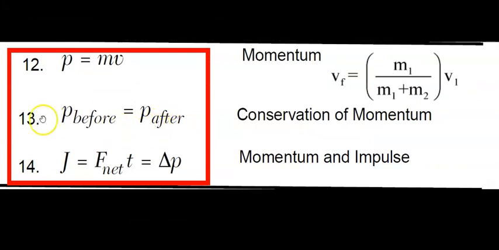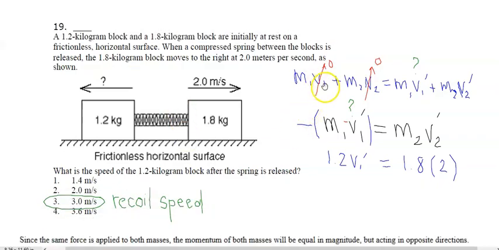So we're going to start using equation 13, momentum before equals momentum after. We can see that m1v1 plus m2v2 equals m1v1 prime plus m2v2 prime. And we know that both masses, m1 and m2, are at rest before the explosion. So this whole left side cancels out, leaving you with m1v1 prime equals negative m2v2 prime.